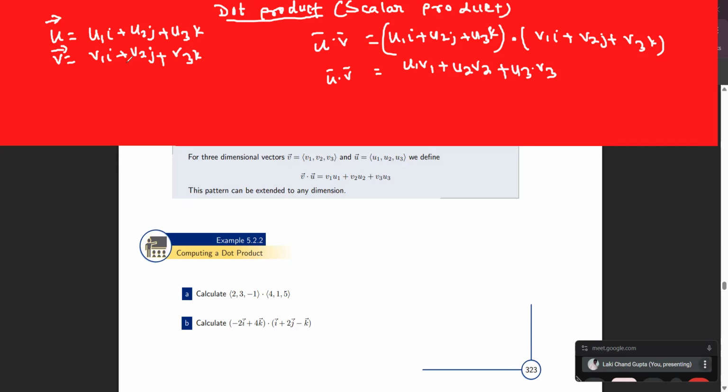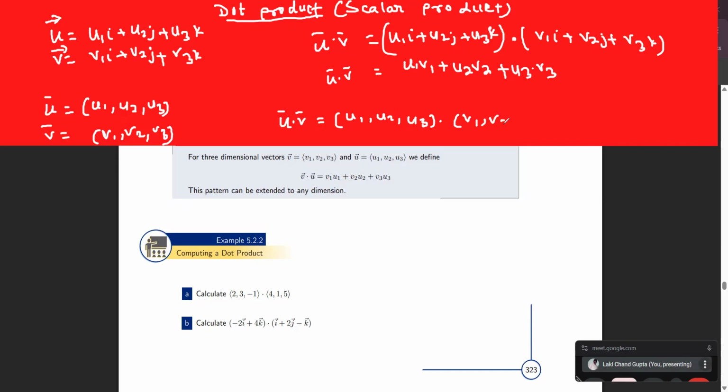Sometimes vectors are represented in this way: u1, u2, u3 and v1, v2, v3. So u1 v1 plus u2 v2 plus u3 v3.